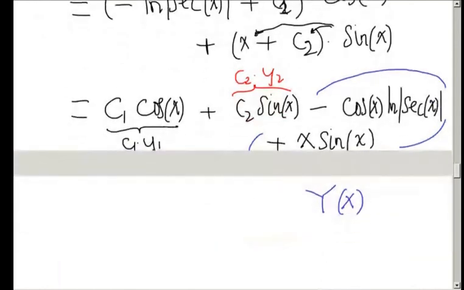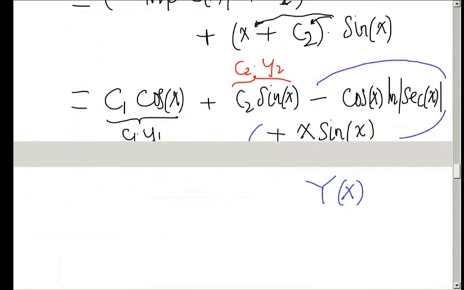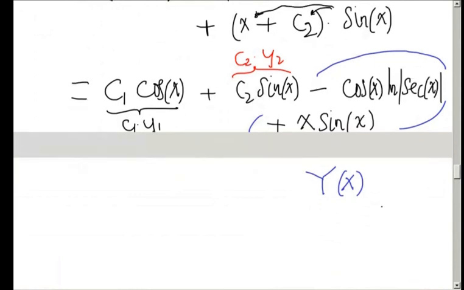And you can see that there's no way we can guess for capital Y of x at the very beginning. So the usefulness of the variation of parameters is that it helps us solve the equation without guessing for capital Y, because we don't know what the correct guess is.